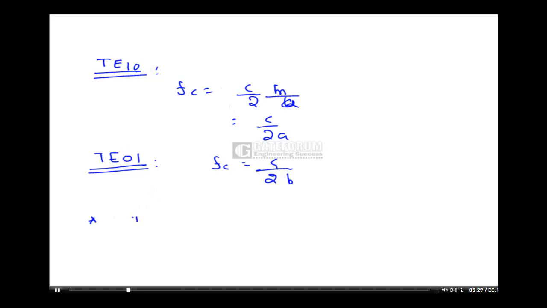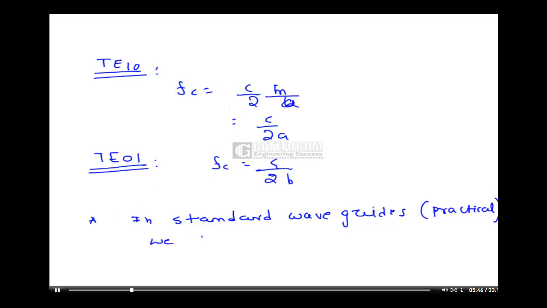The condition is, in standard, that is practical waveguides, we have a greater than b, always. This implies Fc is equal to c by 2a for TE10 and Fc is equal to c by 2b for TE01.